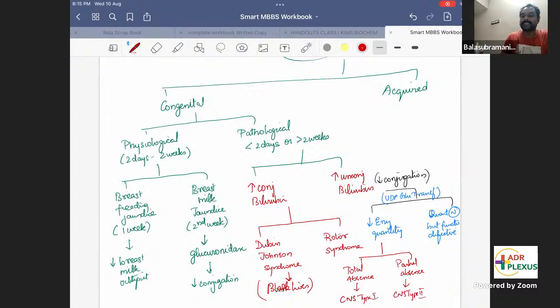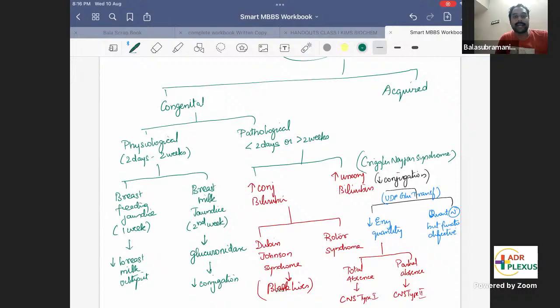What is this CNS, sir? This CNS is called Crigler-Najjar syndrome. So the disease in which the enzyme is not present in sufficient amounts is called Crigler-Najjar syndrome.